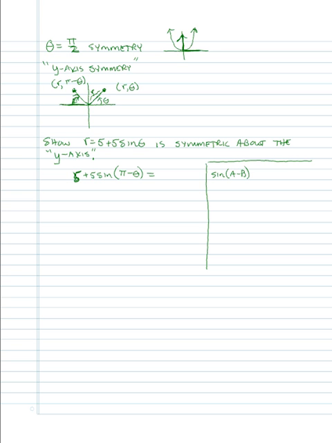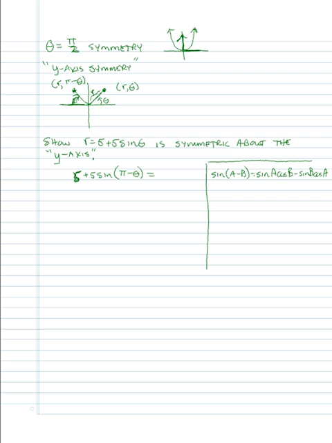Remember that formula? Well, it says the sine of the first angle times the cosine of the second angle minus the sine of the second angle times the cosine of the first angle. I'll run out of space there. So that's the identity that we need to use because we have the sine of pi minus theta there.